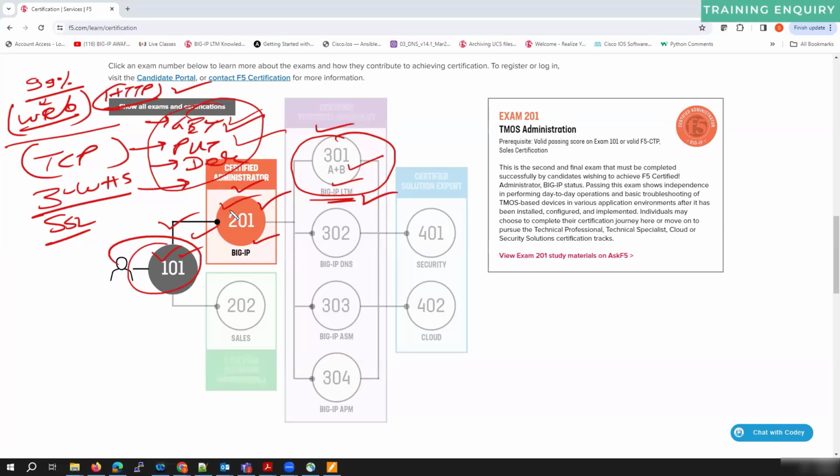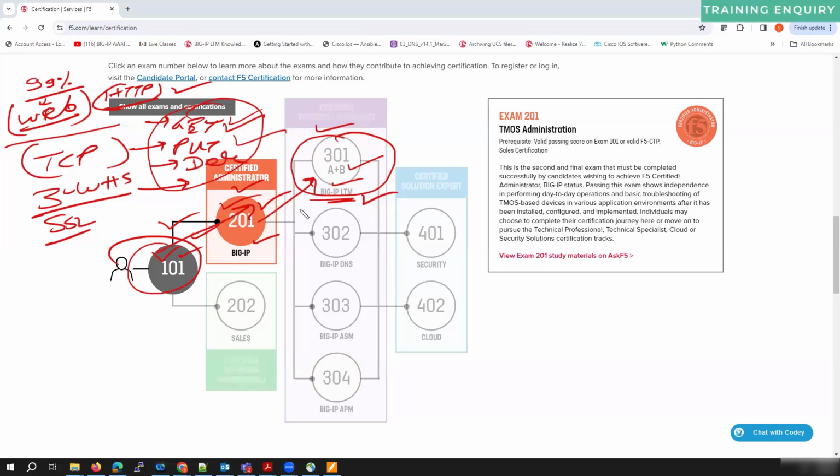So not only do we need to know the packet level information like headers and TCP functionality, HTTP functionality, but equally we have to understand the BIG-IP as a box, as a device: how does it perform, and what sort of capabilities it has. And that's the reason I always push everyone to go through these concepts like 101 and 201 before going for the LTM directly.